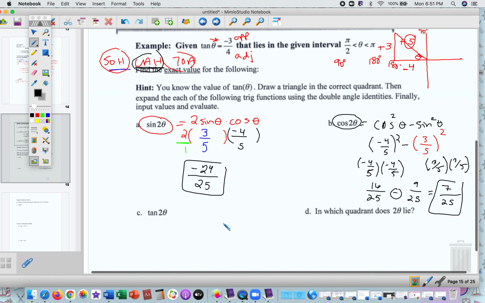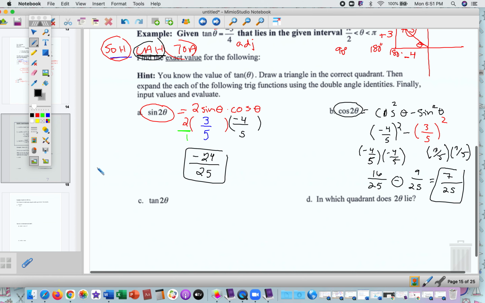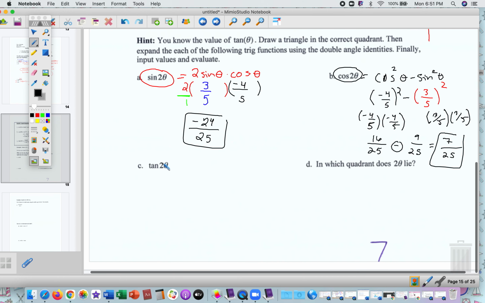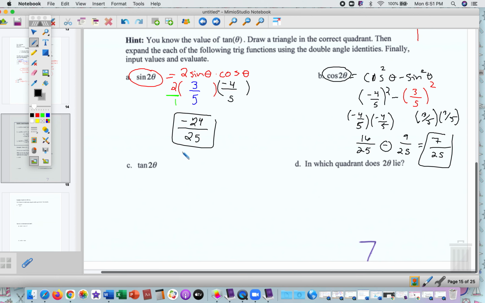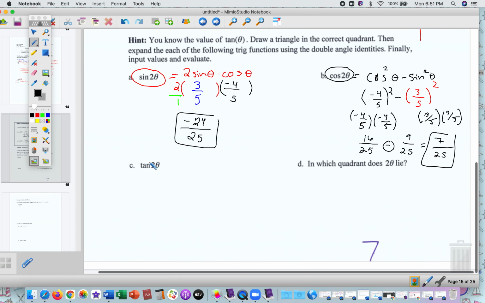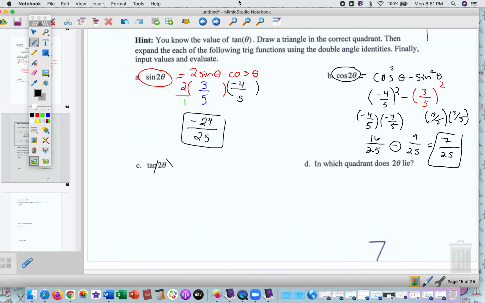Now let's look at tan 2 theta. Okay, tan 2 theta, we can look at our identities and we can write 2 tan theta all over 1 minus tan squared theta. You can look at those formulas above.